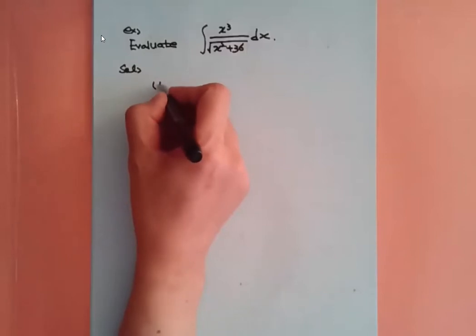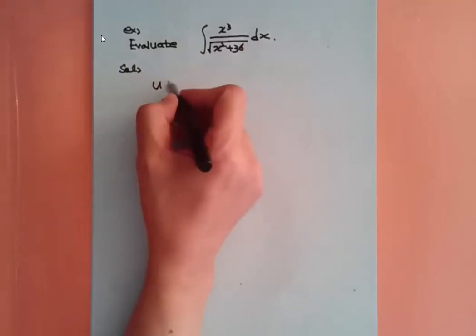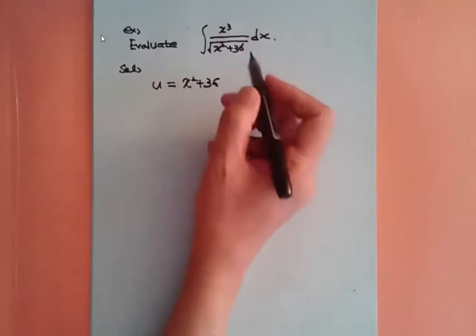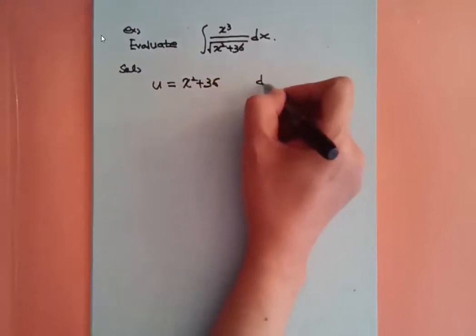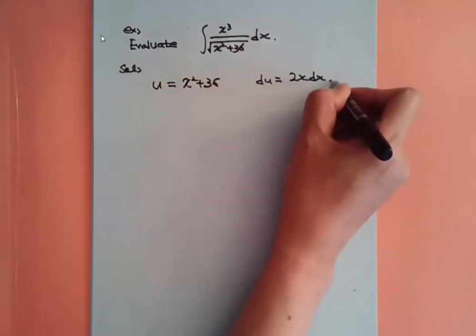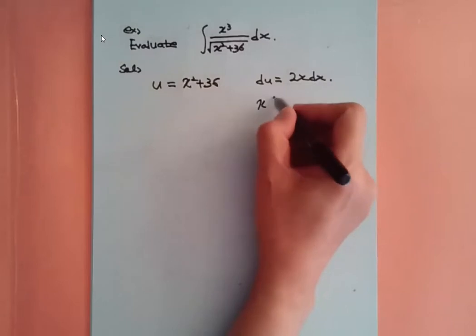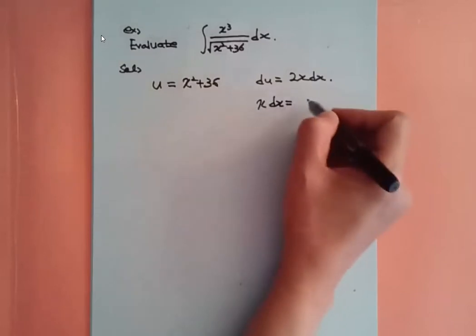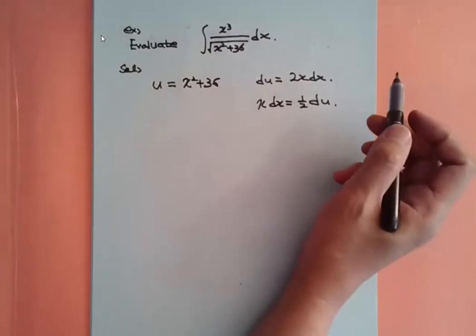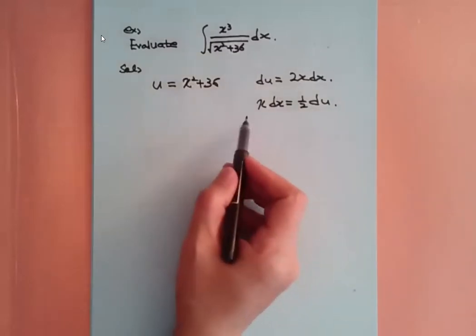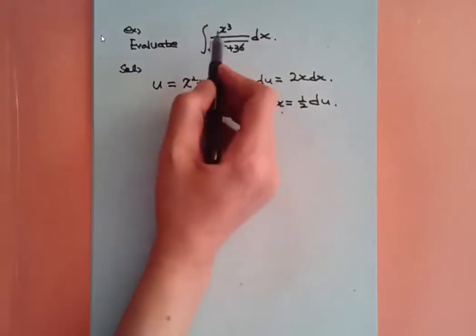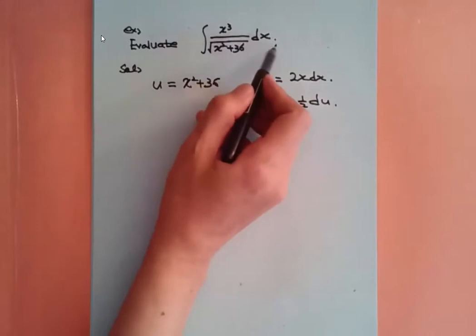Just u, we will put u equals x squared plus 36. Then du equals 2x dx. And so x times dx equals 1 over 2 du. What you realize is when you differentiate this, we have x dx, not x cubed dx.